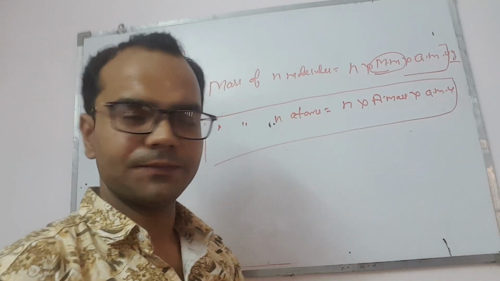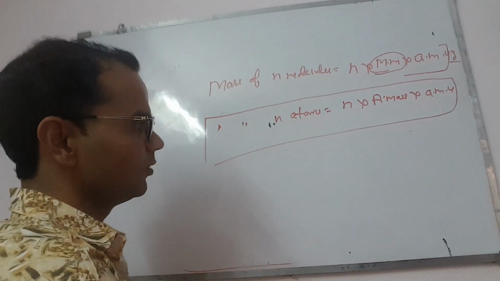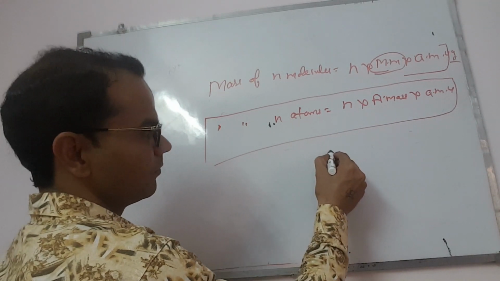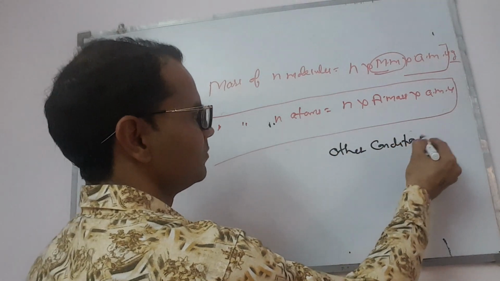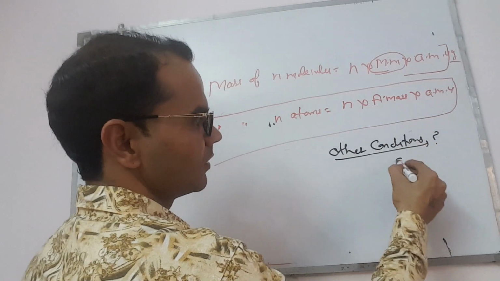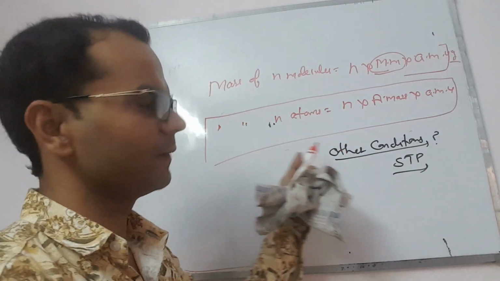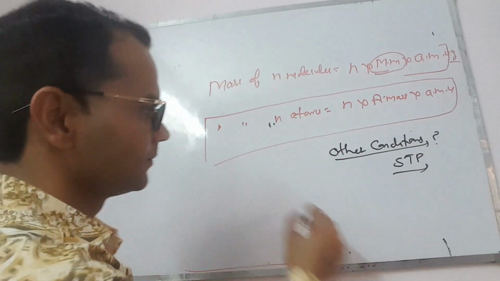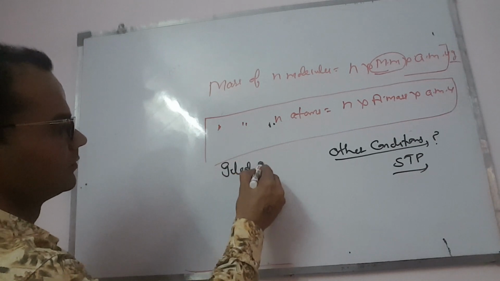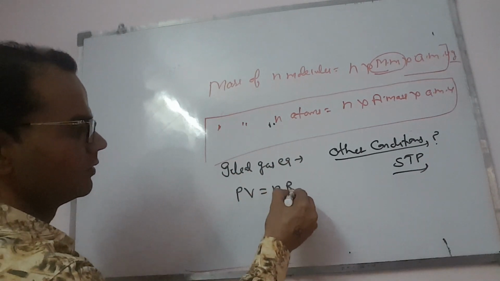One extra piece of information: if the volume of gas is provided but at other conditions, not STP, where temperature is different and pressure is different, then we can still find the number of moles by the ideal gas equation, that is PV equals nRT.